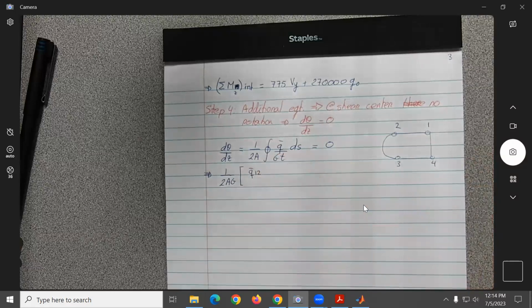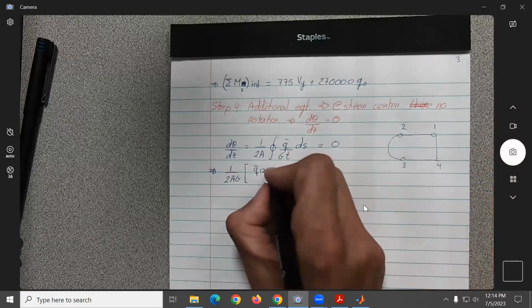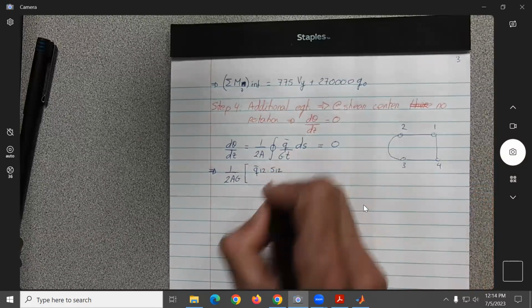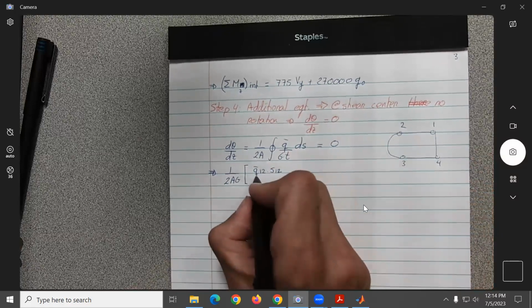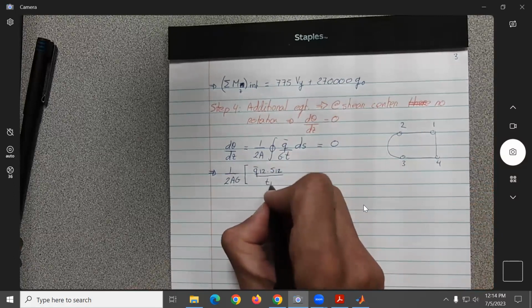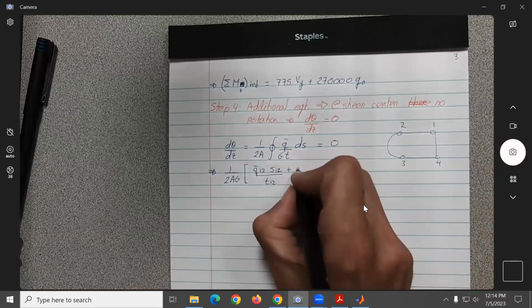Okay. And now we're going to have Q bar 1,2. What would be the ds between 1 and 2? I think I gave you the answer, it would be S1,2, no? Now in this problem, what is tedious is that the thickness of each one of them was different, no? For 1,2, we should then divide by t1,2. We do the same thing for the other side.